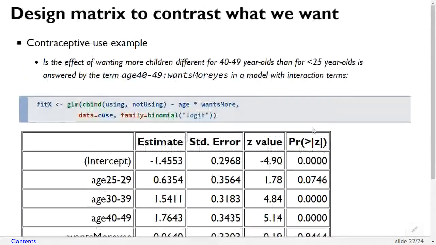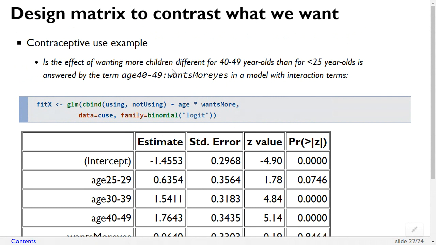So just going back to this interaction term that we fit here with the contraceptive use group, with age and wanting more children. Our question here is the effect of wanting more children for 40 to 49-year-olds.